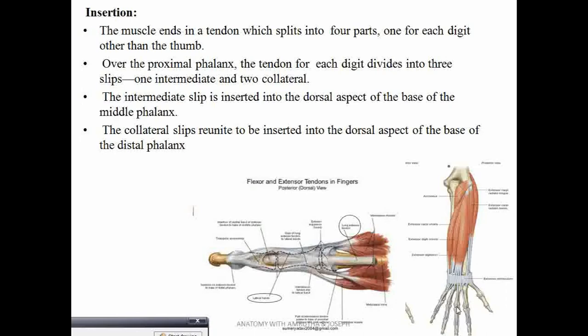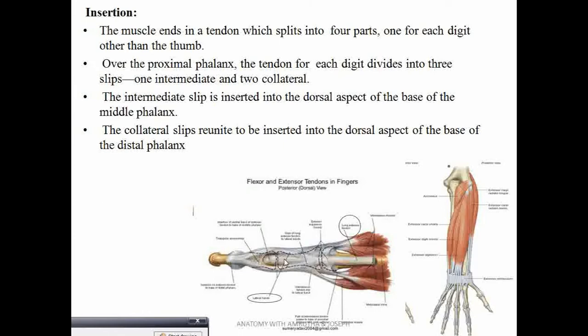Now when it reaches the proximal phalanx, this is the tendon of extensor digitorum reaching the proximal phalanx. It divides into 3 slips, 1 intermediate and 2 collateral. The intermediate slip is inserted to the dorsal aspect of the base of the middle phalanx. This is the middle phalanx, proximal phalanx and distal phalanx.